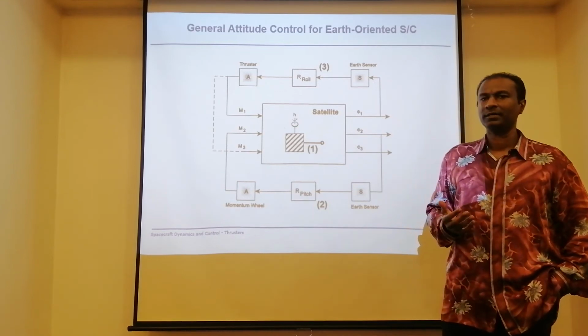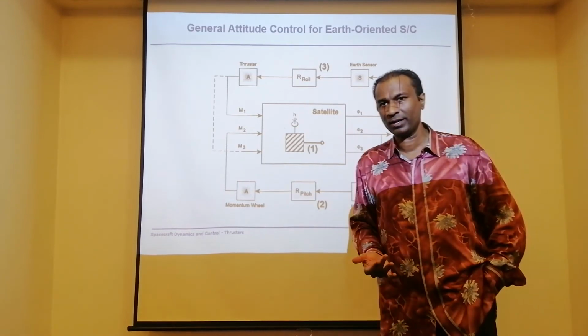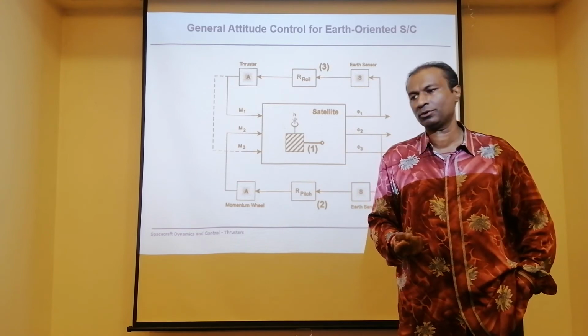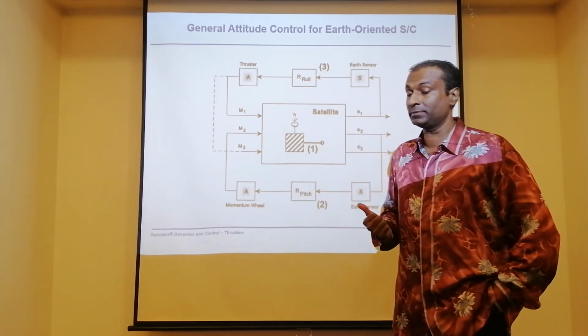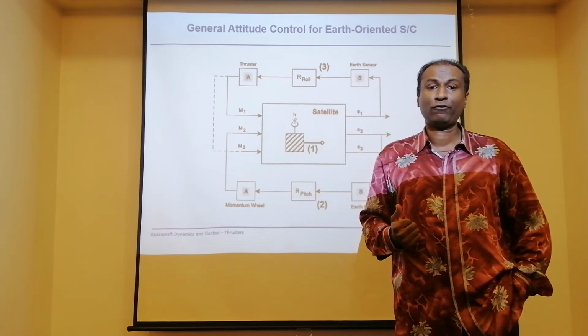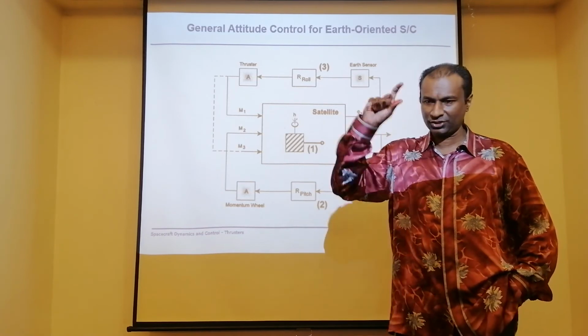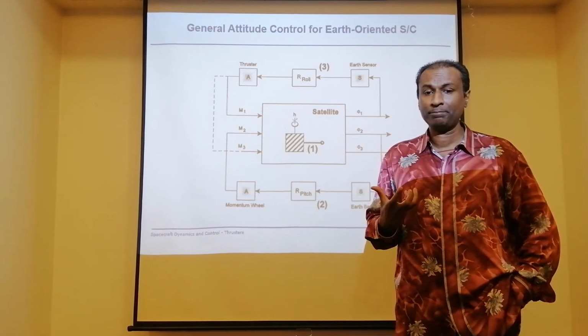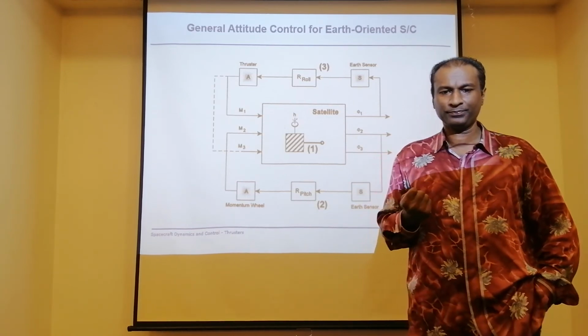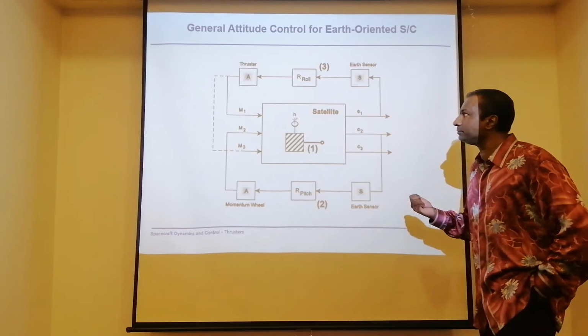It may not be the best option at the moment because you want to keep the cost low. You may want to keep the thrusters either for orbit control, translational motion, or maybe momentum dumping. Yes, it's possible. Okay.